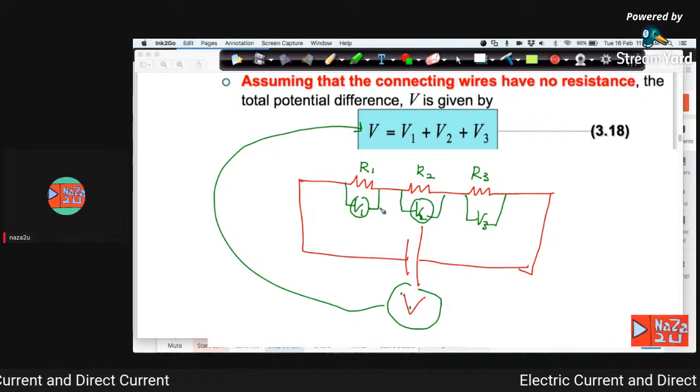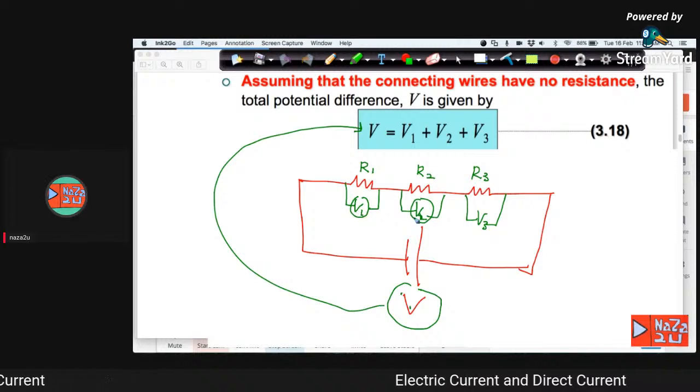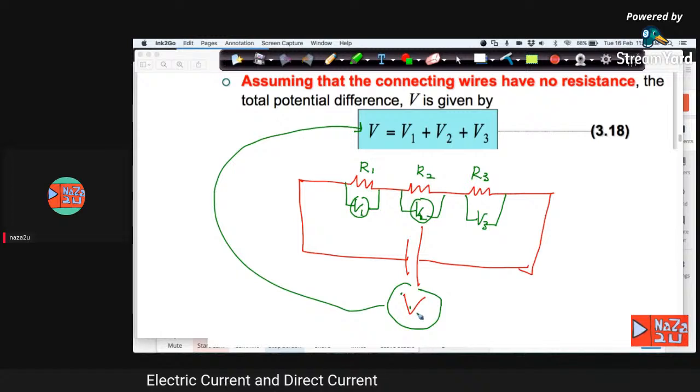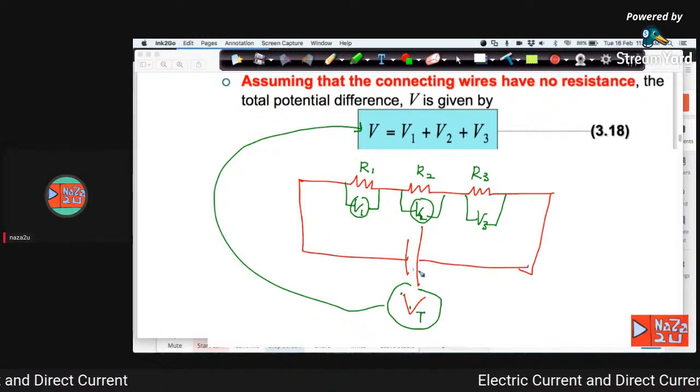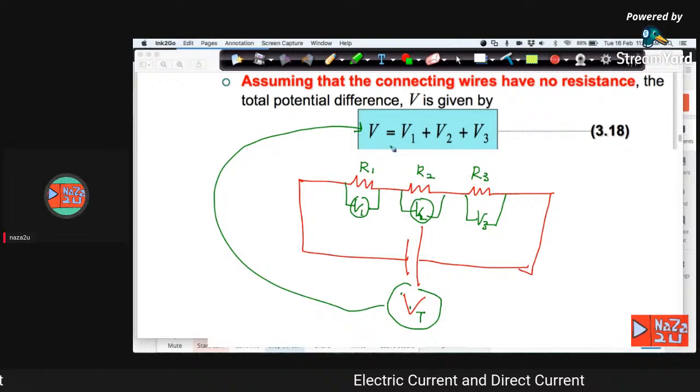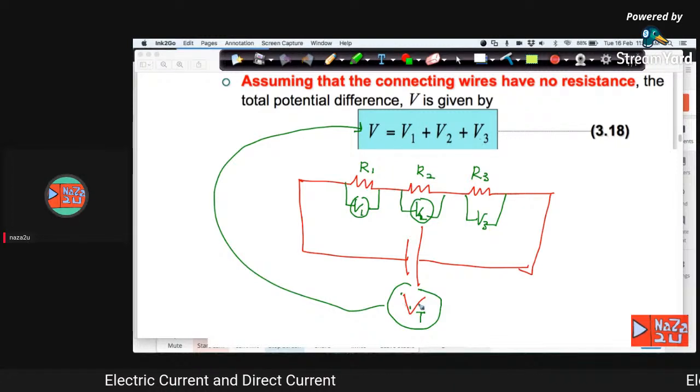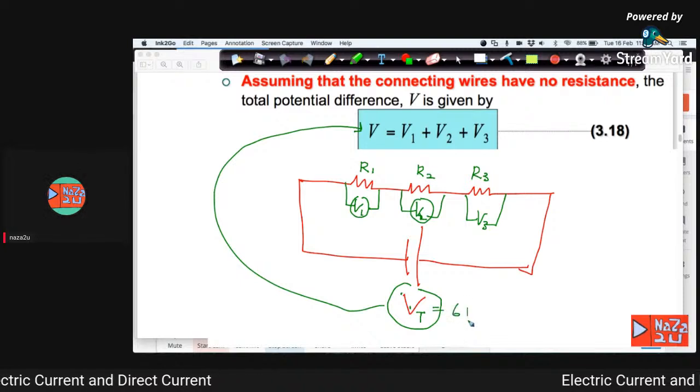So now for V1, V2 and V3, if you relate to the total or initial voltage provided by the battery, V is equal to V1 plus V2 plus V3. Let's say we have V here as 6 volt.